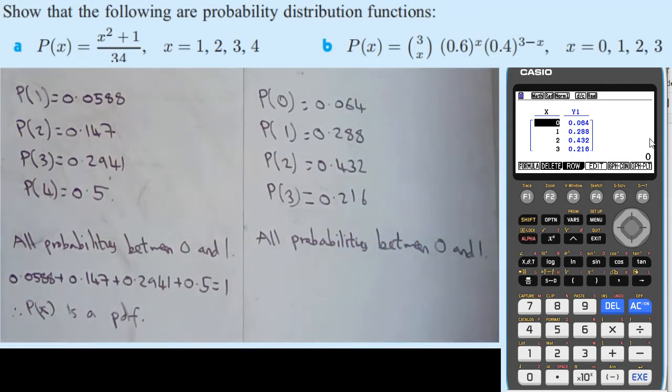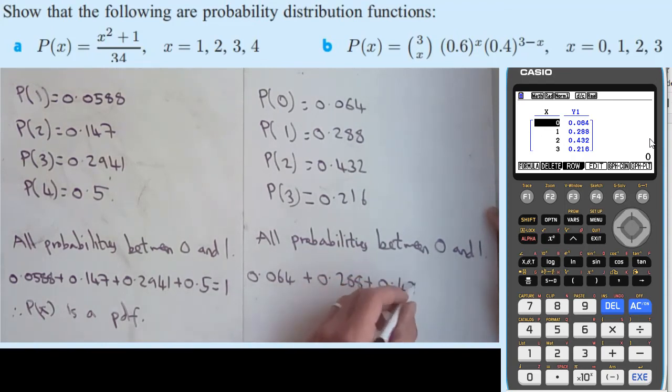And then we're going to have to add these up. 0.064 plus 0.288 plus 0.432 plus 0.216 equals, so hopefully it'll be 1, but we really should check.